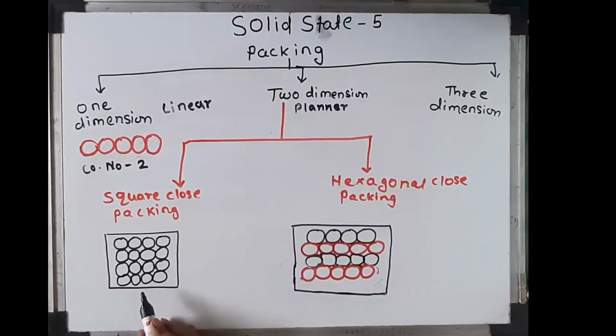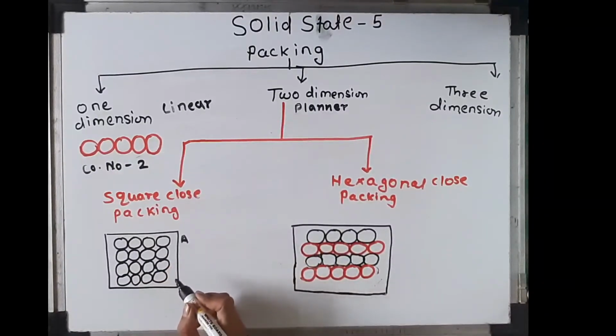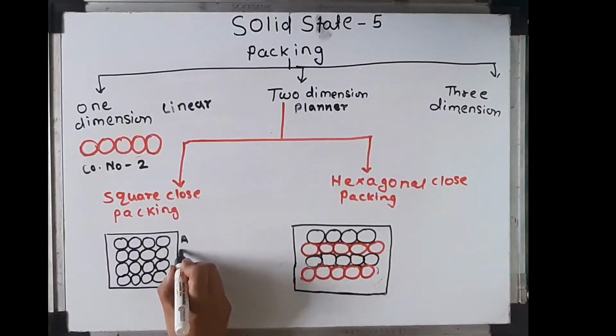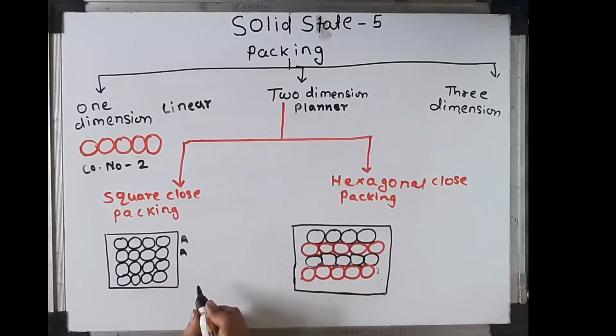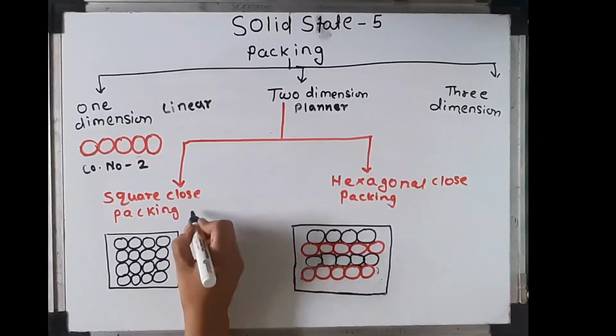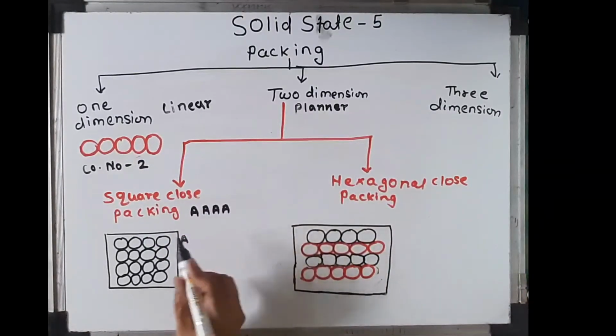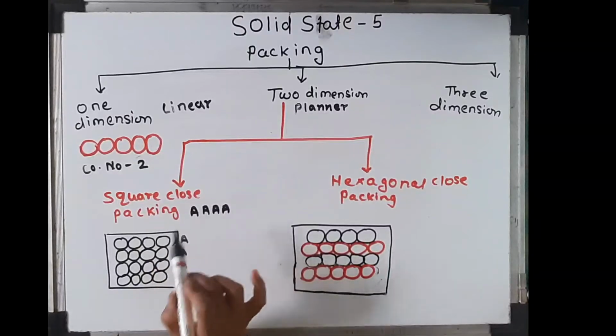If the first row is labeled as A type, exactly the same as the first row, the second row is also labeled as A type. This type of two-dimensional arrangement is also known as AAA type, or square close packing.